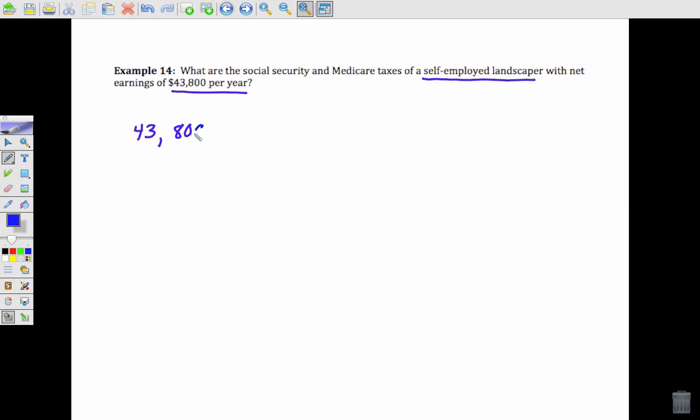So you're going to take the $43,800. This is for Social Security, and that rate is 12.4%, so 0.124. I multiply that together and I get $5,431.20. That's for Social Security.